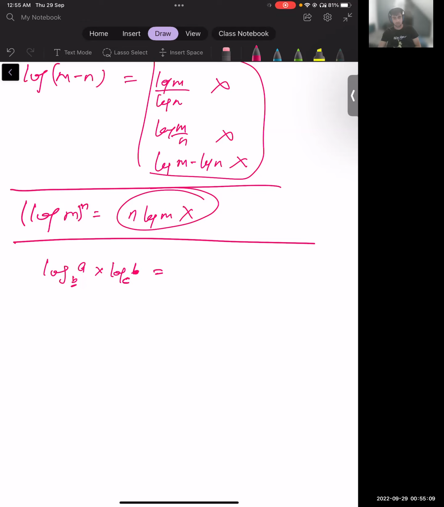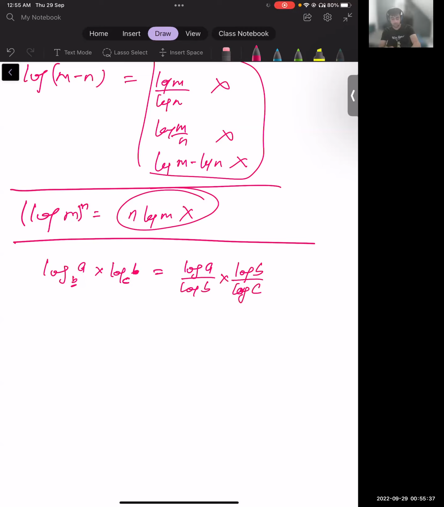The bases are not the same, so I'm not sure. I just told you another property which you didn't know earlier. What was it? We can bifurcate it to be log a upon log b. Similarly, you can write it to be log b upon log c.